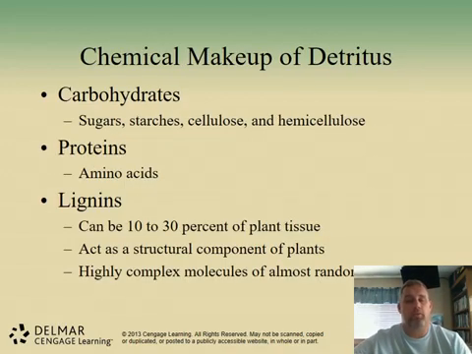What we're going to talk about really is called detritus, and that is going to be the decayed matter. The definition of that is all of the fragments, the different decayed matter that are in the soils. And these contain carbohydrates, the sugars, the starches, the celluloses.